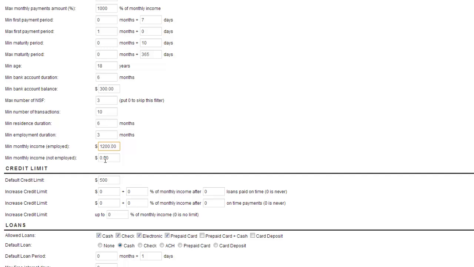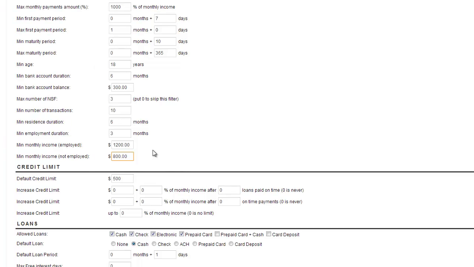Don't forget to add the zeros. And the minimum monthly income if not employed, we will say that we want that to be at least $800. Because we understand that they might not be making as much as if they were employed, but we don't want them to be making nothing, because that's risky for business.